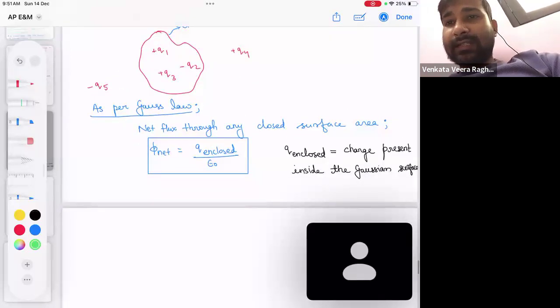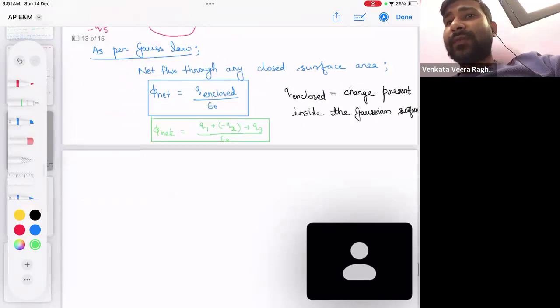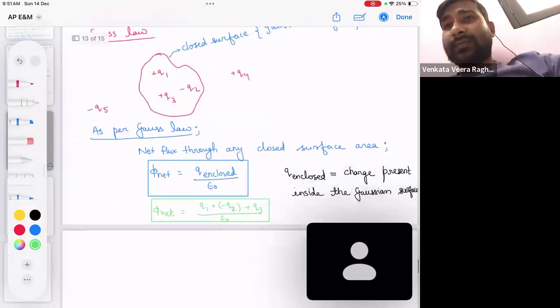In this example, the net flux will be Q1 plus Q2 plus Q3, charge being a scalar quantity, divided by epsilon naught. So the flux only depends on the charges present within the Gaussian surface. This is what we have learned about the Gauss law.